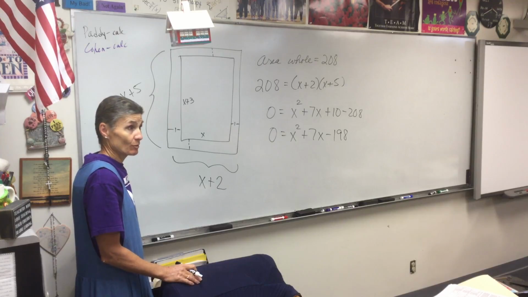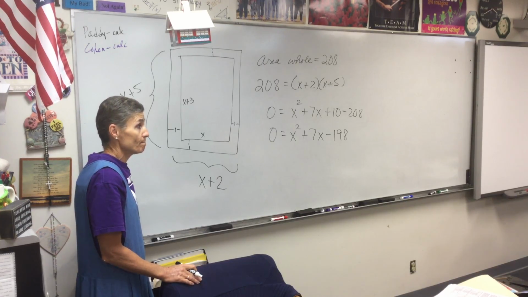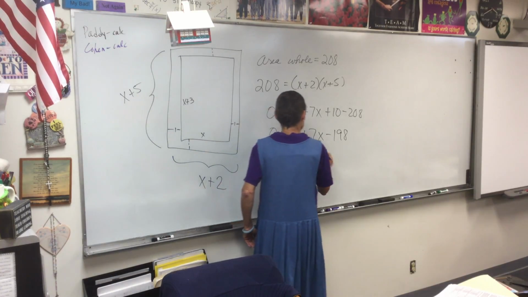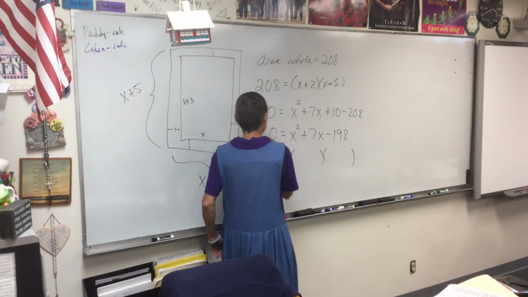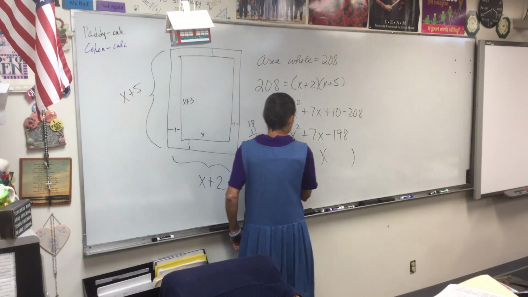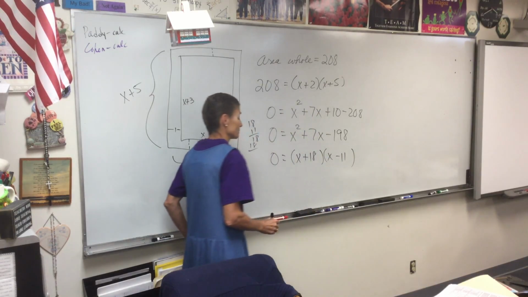If you can't factor it or don't want to mess around with it, then you could always do what? Quadratic formula. It does factor. 198 is 18 times 11, I think. So we have x plus 18, x minus 11.